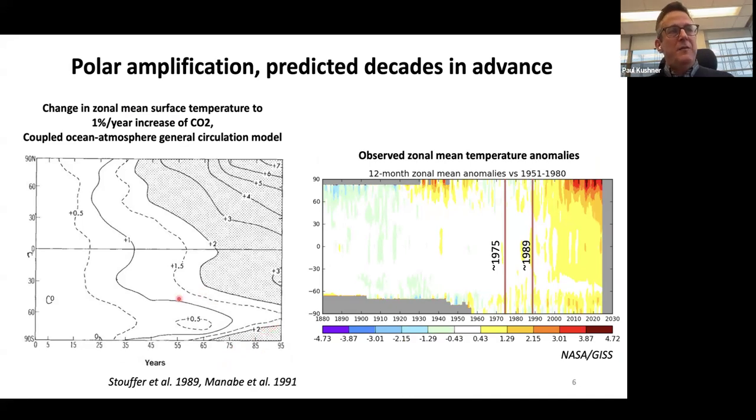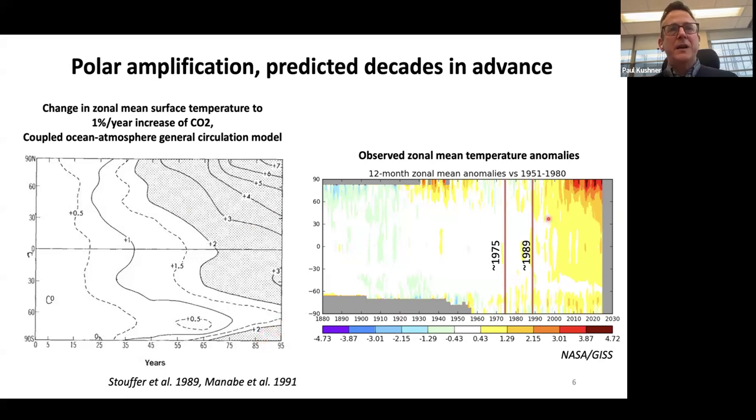This initial prediction of the transient response to increase of CO2, which doubles after 70 years, with initial structure that also reflects Arctic amplification in this case. This is the zonal mean surface temperature as a function of time and latitude, showing this strong signal of Arctic warming and reduced warming over the Southern Ocean, and then increased warming here.